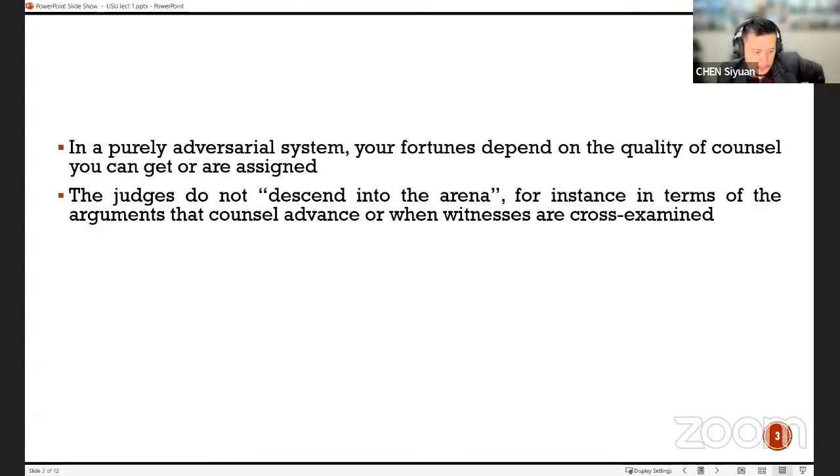Let's say a person has been accused of raping somebody, and what would be defense counsel's main strategy? It's a bit unfortunate, but this is what the strategy would look like. In all likelihood, the defense counsel would, if possible, undermine the credibility of the complainant during cross-examination.